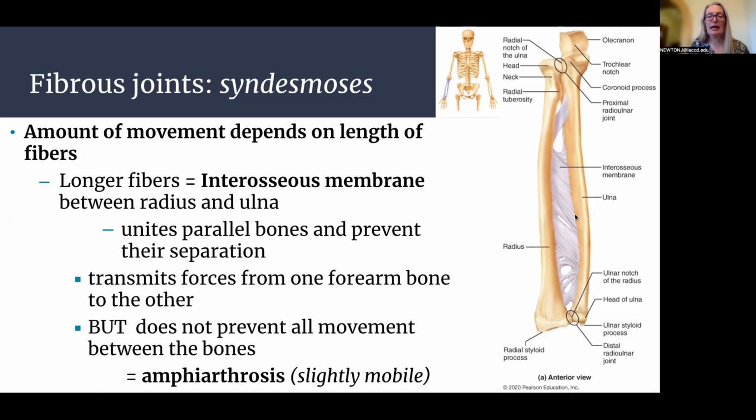So this is a connective tissue structure that unites these two parallel bones, pretty much through their whole length. And it prevents their separation, so that when forces are acting on our forearm, these are going to be very hard to move apart.